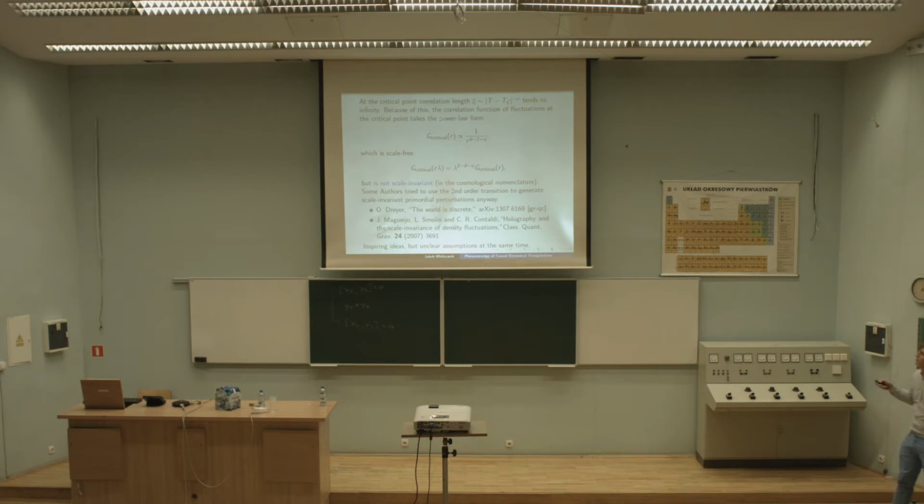We know that at a critical point the correlation length goes to infinity, so that's nice because we have a scale-free dependence of the correlation function of our order parameter, but we don't have scale invariance. We have scale freedom, but there are some scaling parameters still depending on the dimensionality. So scale invariance could be recovered only if at the second order transition line the topological dimensionality would go to 2, plus some deviation of quantum origin.